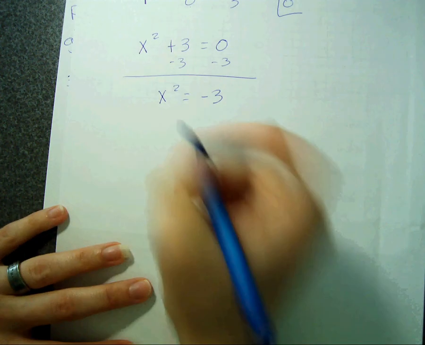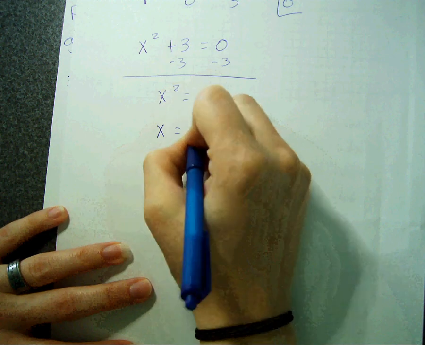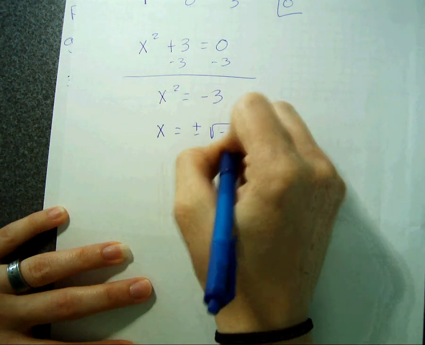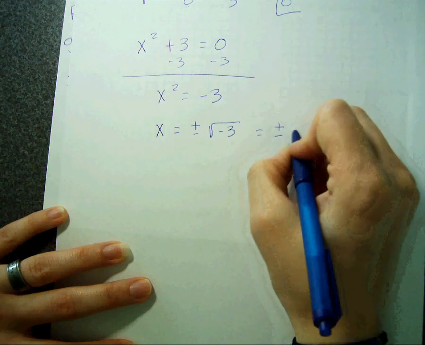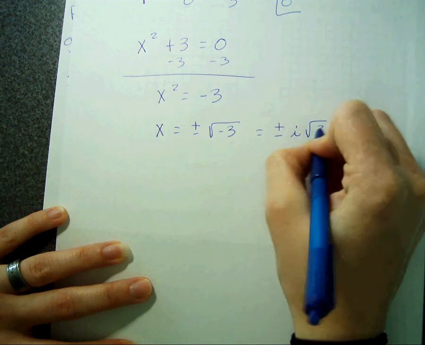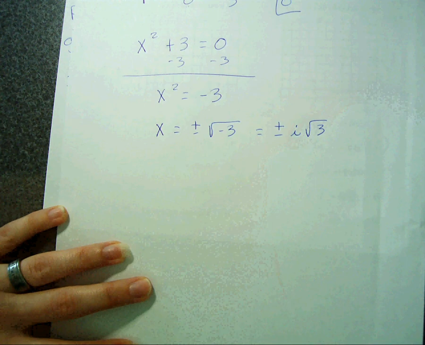Take the square root of both sides. I get x equals plus or minus the square root of negative 3, which is plus or minus i square root of 3. Right? It's imaginary.